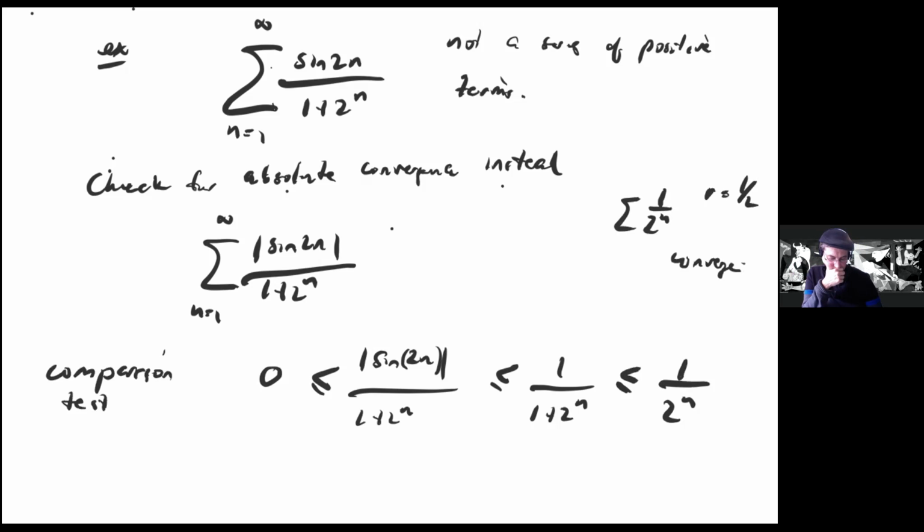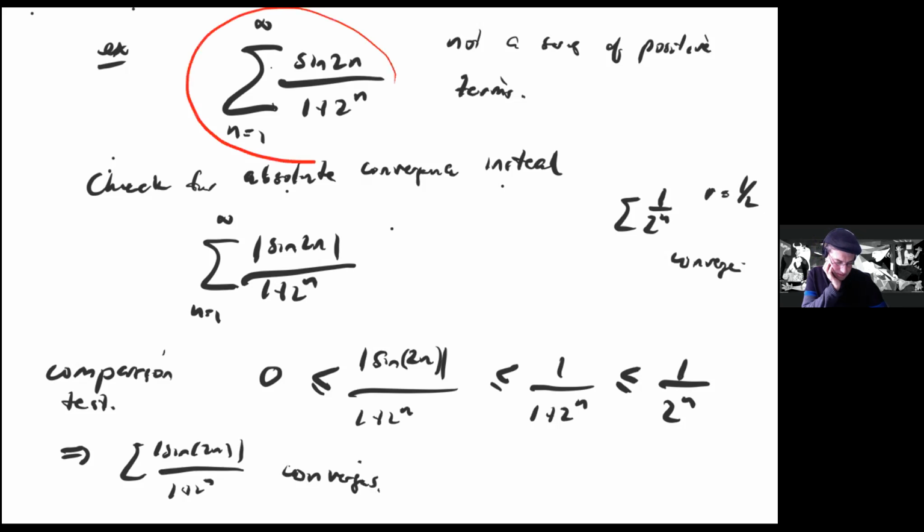So therefore, the comparison test implies that the summation of the absolute values converges because our geometric series converges. Okay, so the series absolutely converges. So that's what we needed to know. It absolutely converges. In particular, it converges because absolute convergence implies convergence.